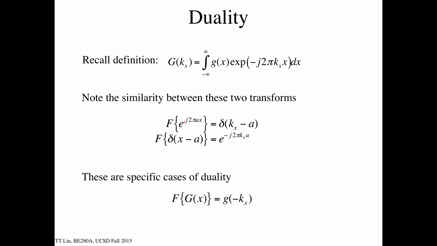Duality, okay. Basically what we're going to say is that if you take the Fourier transform of the Fourier transform of G, not the inverse Fourier transform, but the Fourier transform of the Fourier transform of G, you will get G back, but it will be reflected around the kx axis.